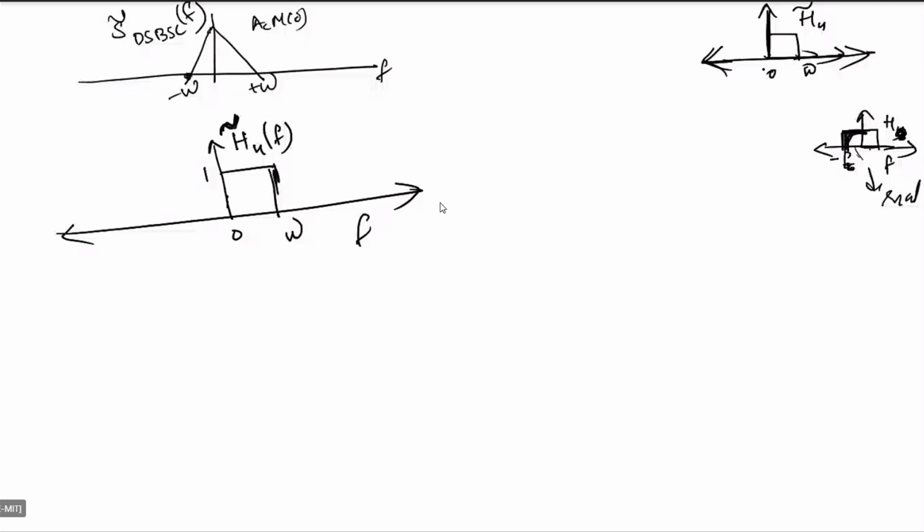That is why this filter, having only positive frequencies, H_U(f), will have a complex representation. That is why we represent it as H tilde. So this is the complex spectrum of the DSBSC signal filtered through this H_U(f). You are going to get one sideband, just one part.